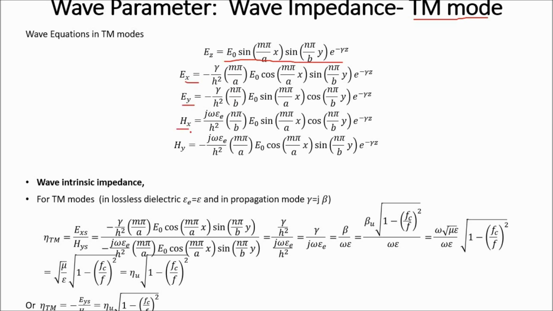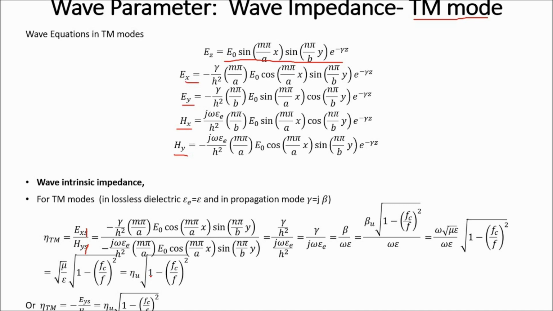Now for TM mode, the intrinsic impedance, we are taking the TM mode expressions here, this Ez, then Ex, Ey, Hx, Hy. This expression we already solved in the previous lecture. Then the impedance we can find as Ex over Hy, and the expression is like this, eta u times this. So you can easily identify the difference between TE and TM mode.